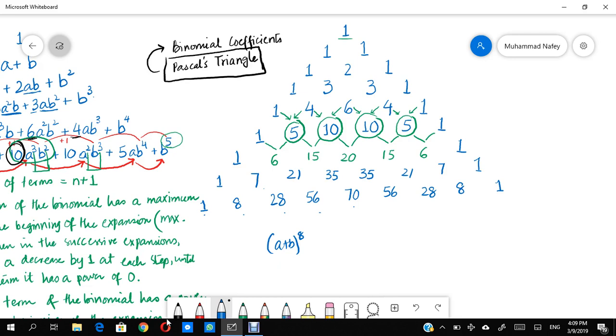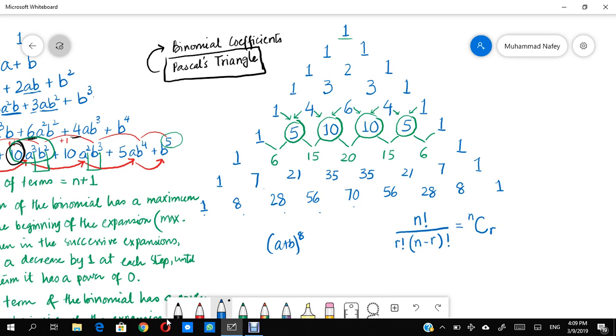The formula is n factorial upon r factorial times (n minus r) factorial, and this whole thing is abbreviated as nCr. So now we need to understand this formula.